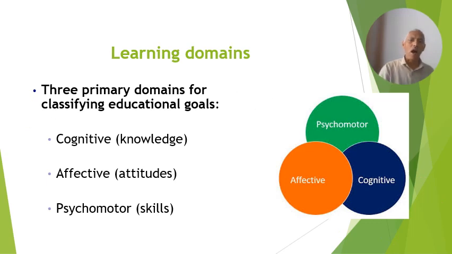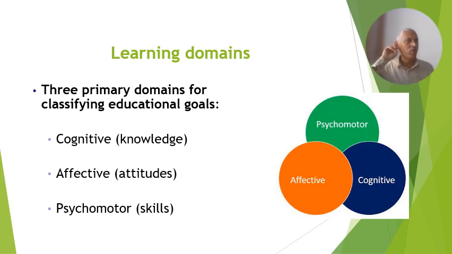So our learning outcomes could be related to the learning domains. Learning happens in different areas, at least three domains. One is the cognitive, there is the affective, and there is the psychomotor. So we can have objectives related to the cognitive, what you want the students to be learning cognitively, and the affective, in terms of their disposition towards learning.